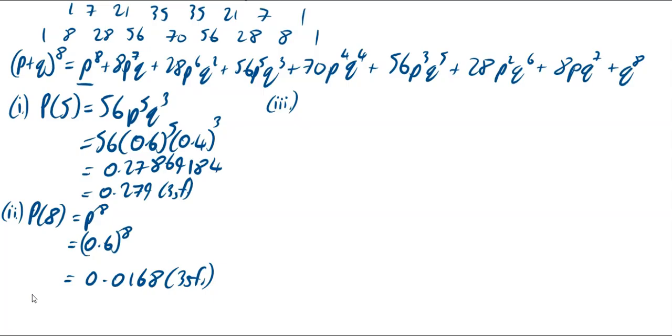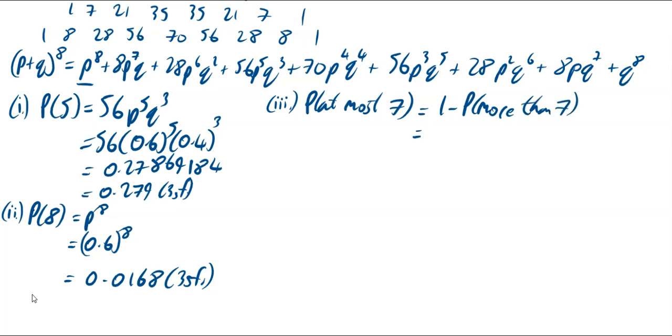Part 3 asks us to find the probability of at most 7. That means 1 minus the probability of more than 7, because at most 7 means 1, 2, 3, 4, 5, 6, and 7. So it's everything except more than 7.